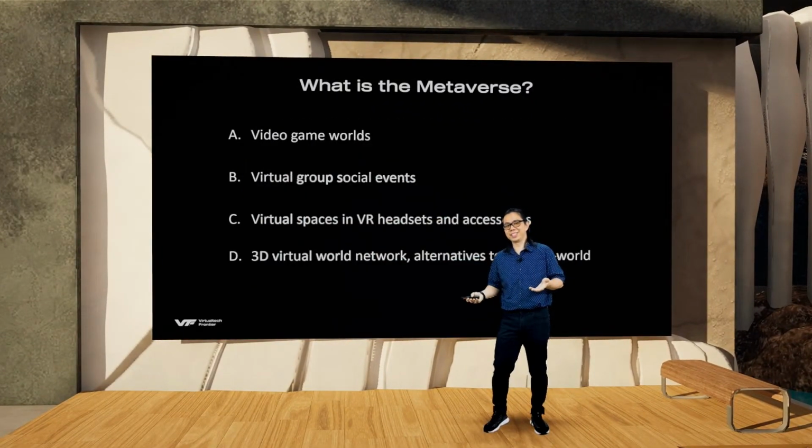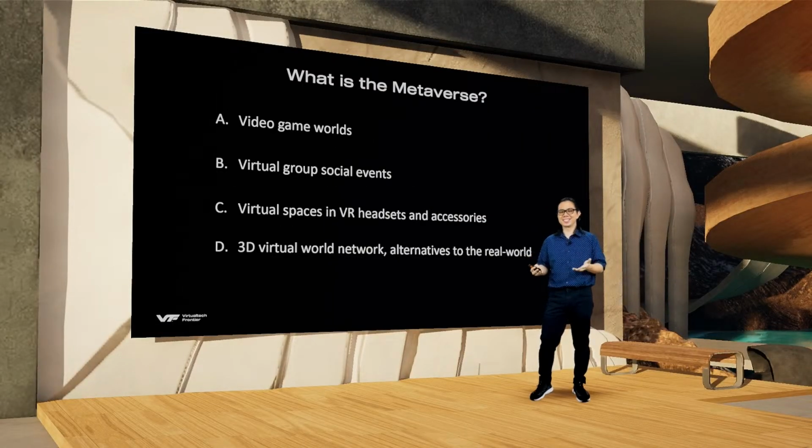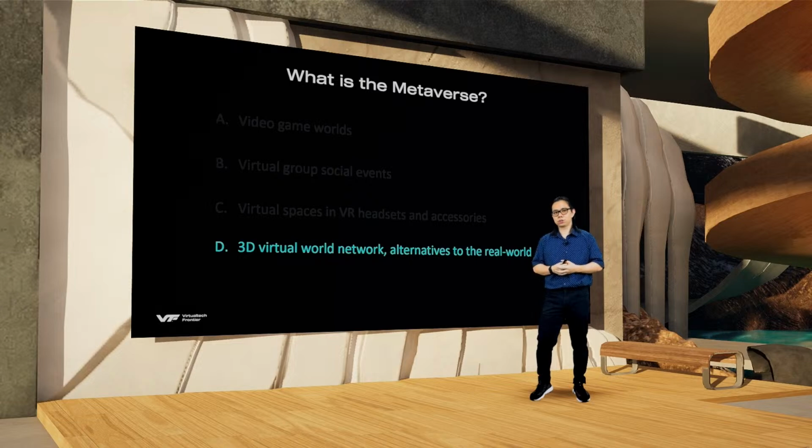If you were given a test, you would probably see options that look something like this. And the thing is, most people that are familiar with the metaverse right now, they'd say a combination of these things. There's a lot of people that misinterpret what it means, but let's cut straight to the chase. The correct answer of what the metaverse is this one. They are 3D virtual worlds.